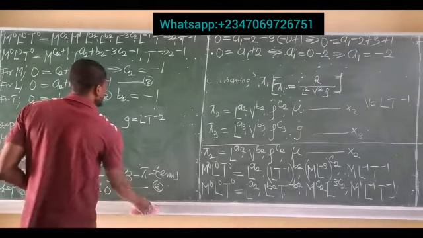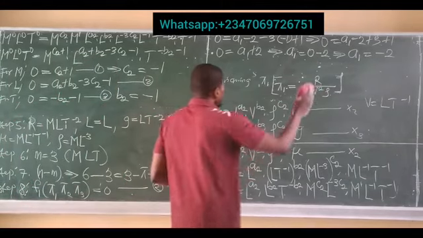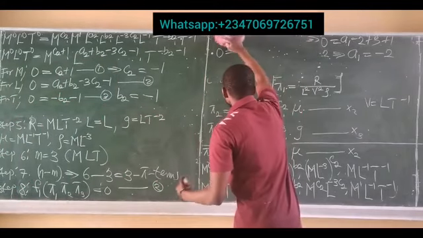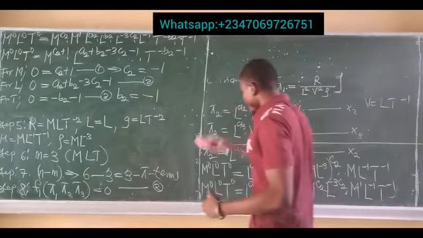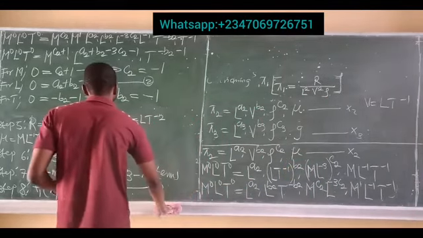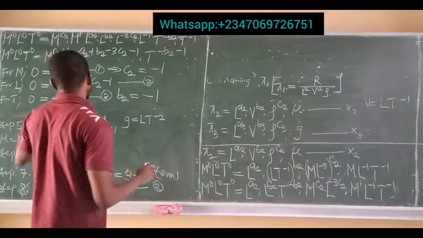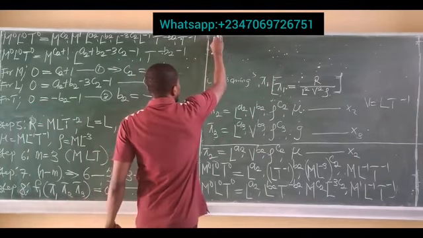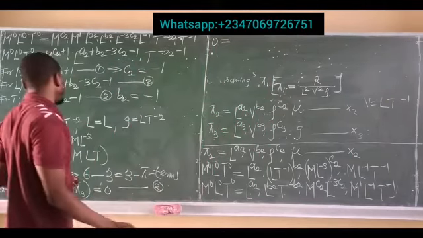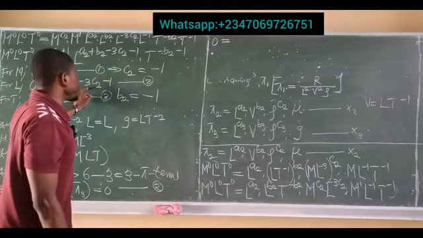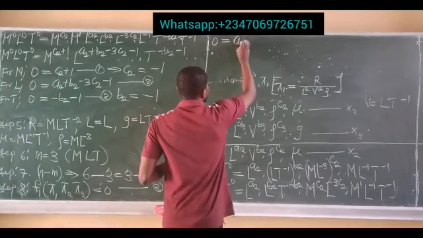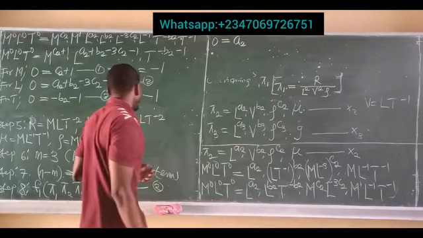Now, having known B2 and C2, we can plug that into equation 2 to find the value of A2. Okay, so from equation 2 we have 0 is equal to, remember, A2 plus B2 minus 3C2 minus 1. A2 is unknown. A2 plus B2, what is B2?